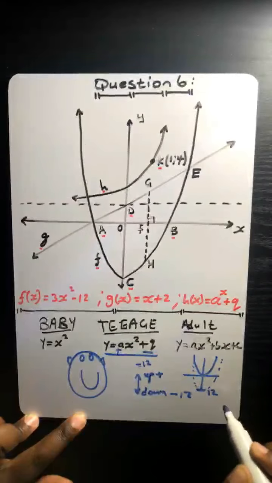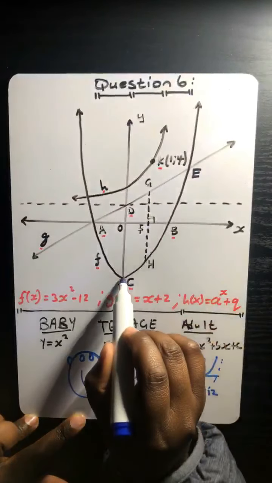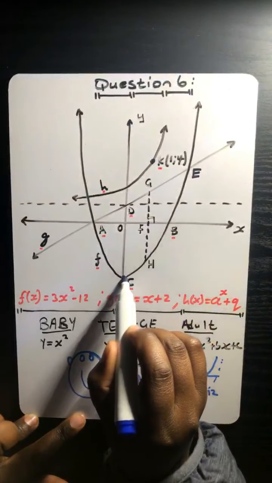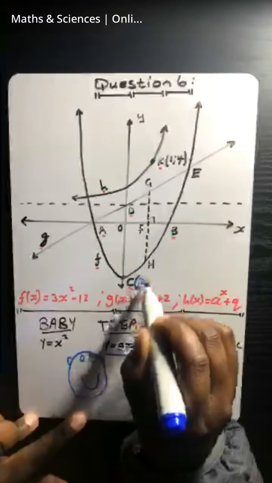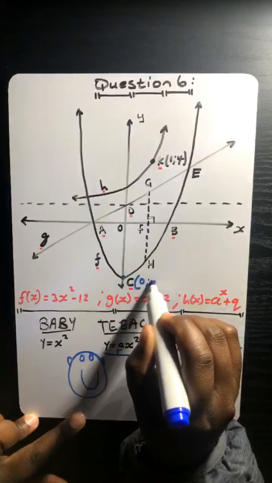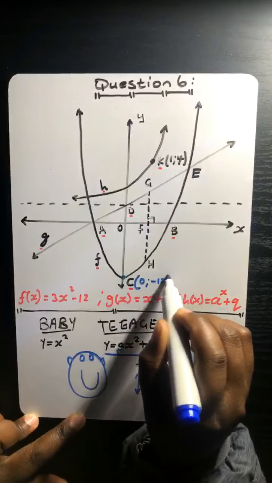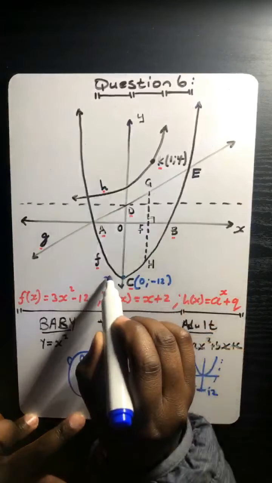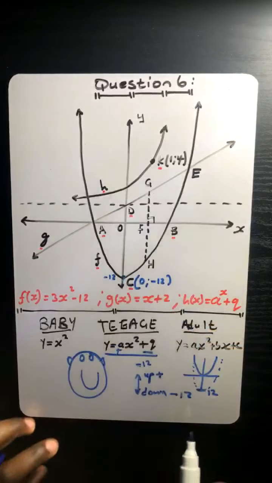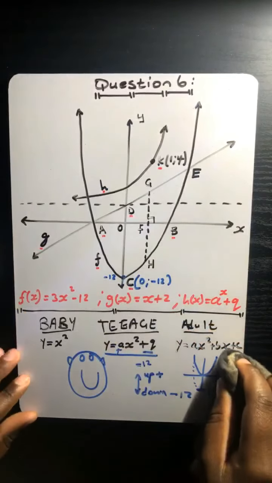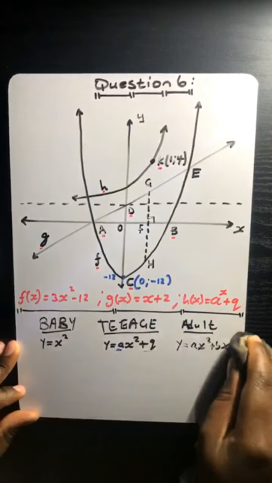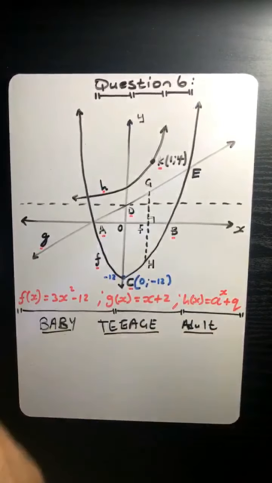Already we can say that when x is 0, y is actually negative 12. So there we have negative 12. That's all for now that I can say regarding the first type of function.